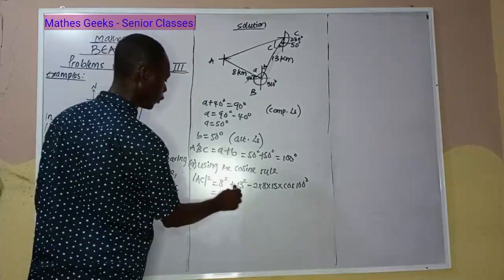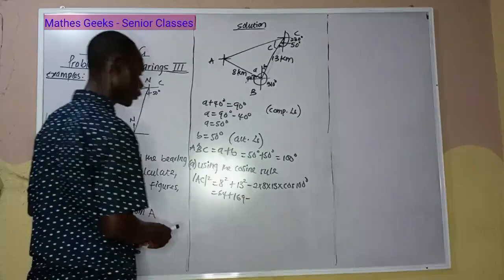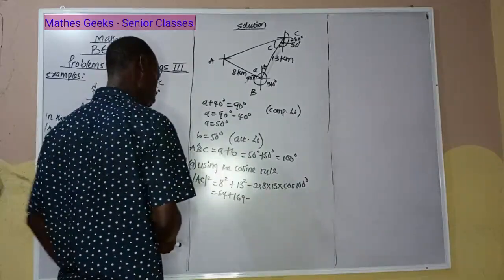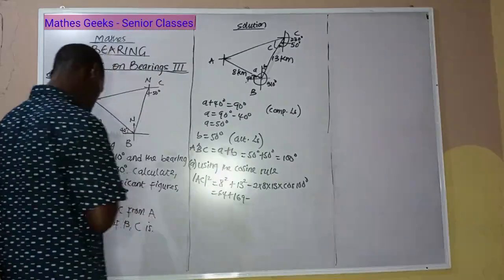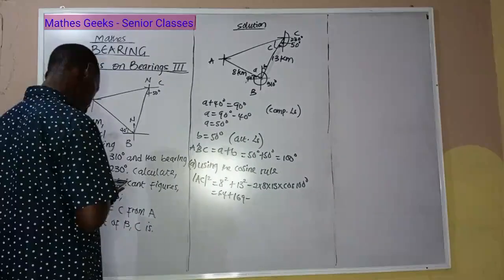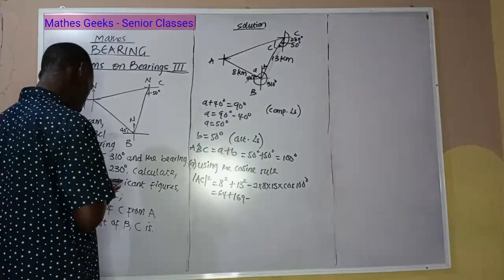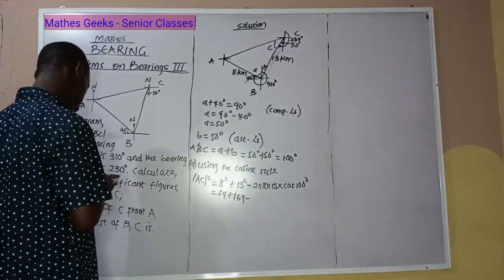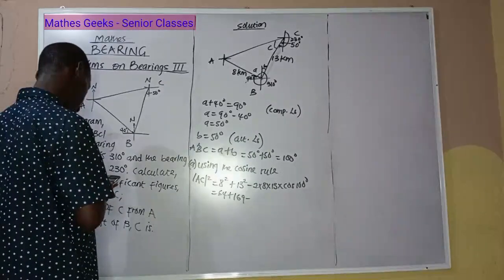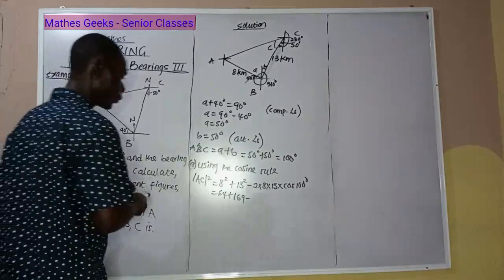That's 64 plus 169 minus 2 times 13 times 8 times cos 100.